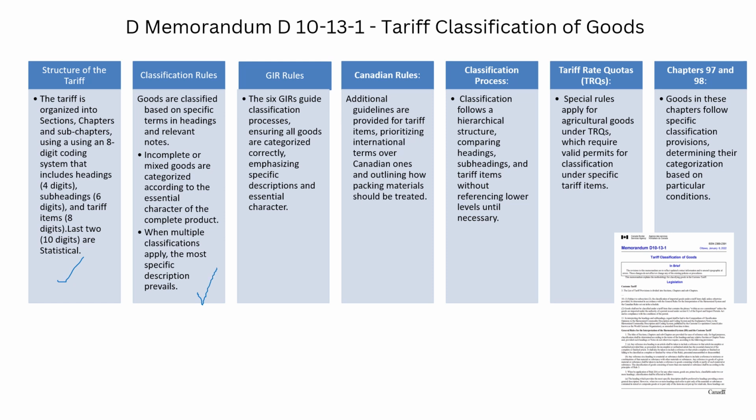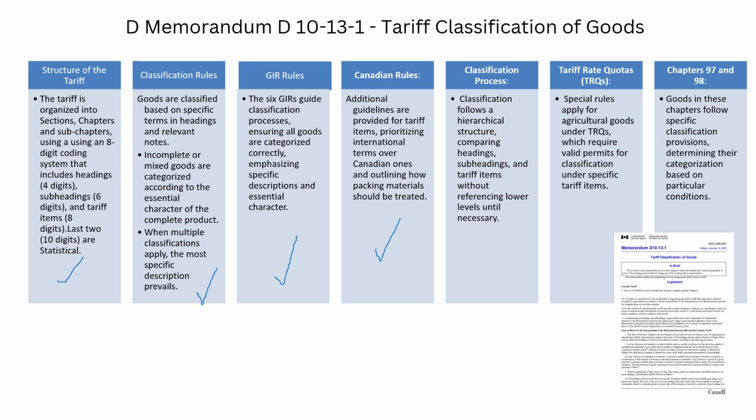Then it also mentions the GR rules that we saw last class, the 6 GR rules. I'm not going to go over them again. And then it mentions the Canadian rules, that in certain chapters, certain sections, you will have a specific Canadian rule, but when there's an international rule, the international rule will roll over the Canadian one.